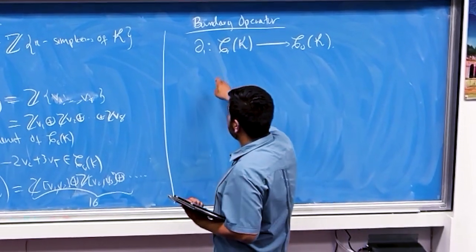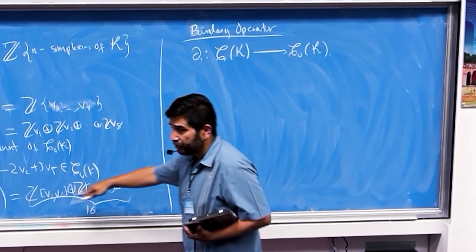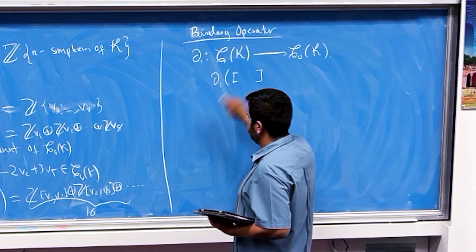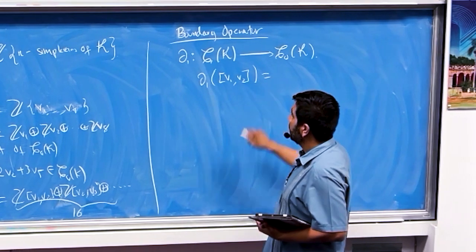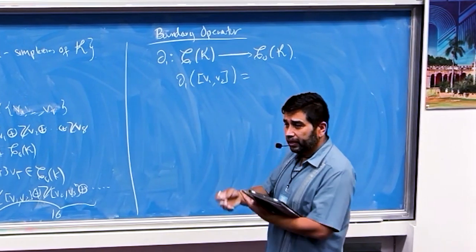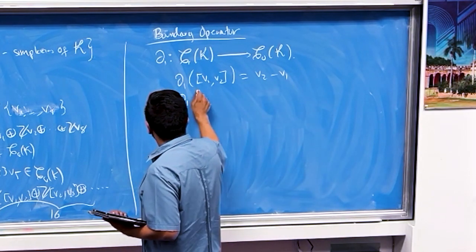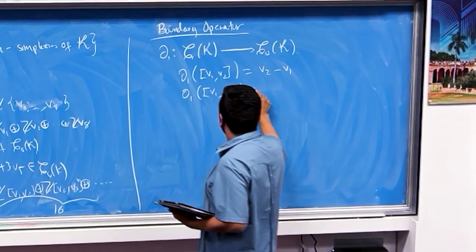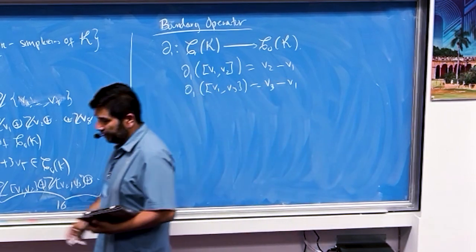So what it's gonna do is behave nicely on this structure, but whenever it sees an edge, for example V1, V2, the result is gonna be the boundary of that edge, but with subtractions. It's gonna be V2 minus V1. The boundary of V1, V3 is gonna be V3 minus V1. That's what you're gonna get.